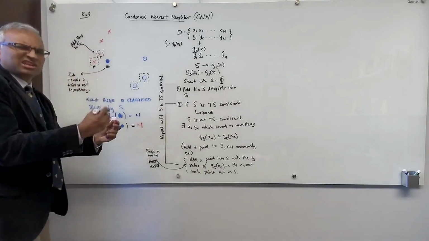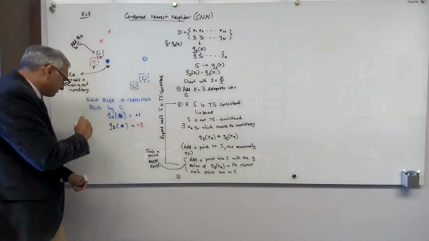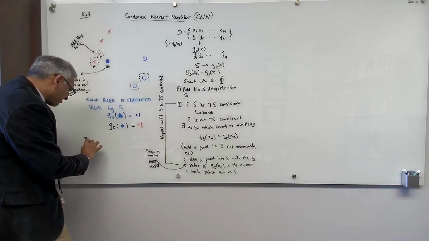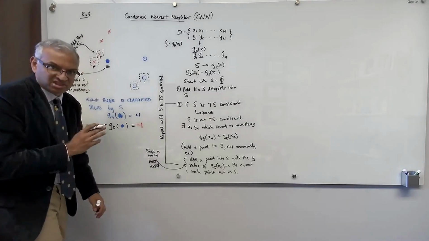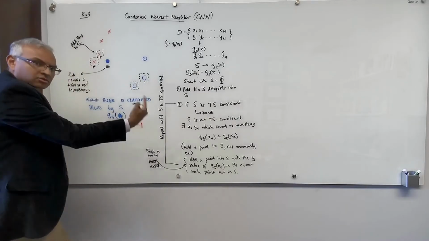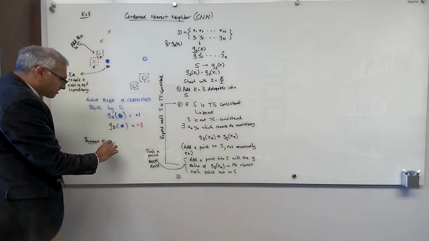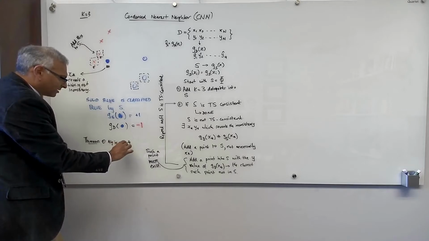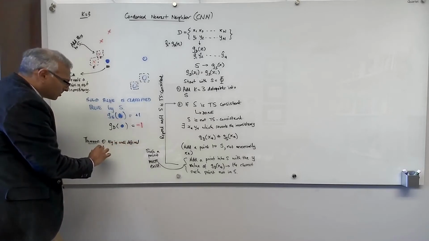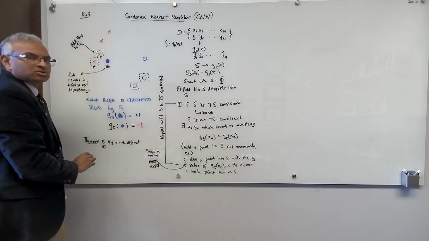So theorem, and it's not really a theorem, you can prove it yourself. It's a really baby theorem compared to some of the other theorems we have seen. First, the algorithm is well defined. In other words, this point always exists. Second, it can only run for at most n steps.